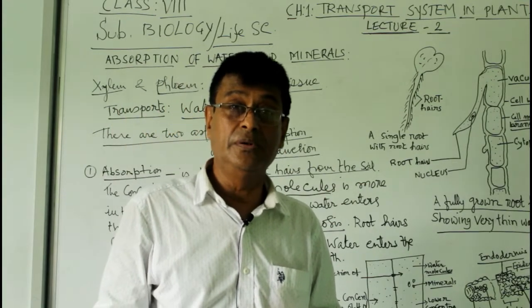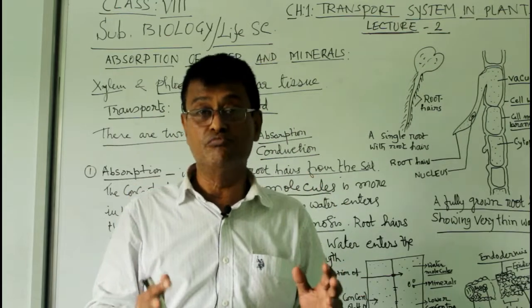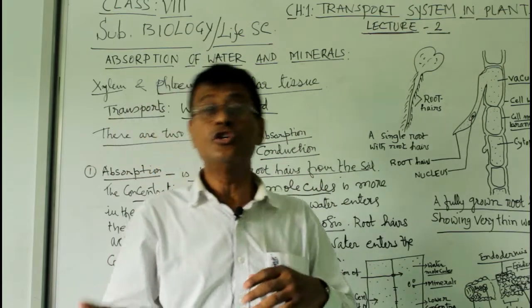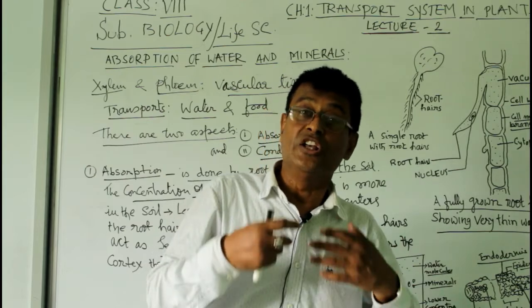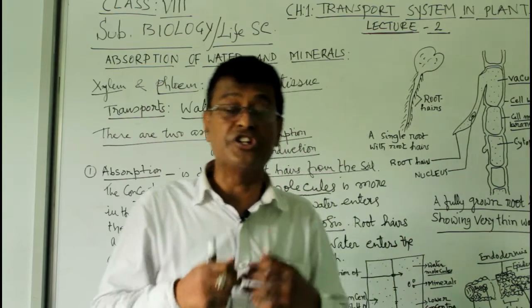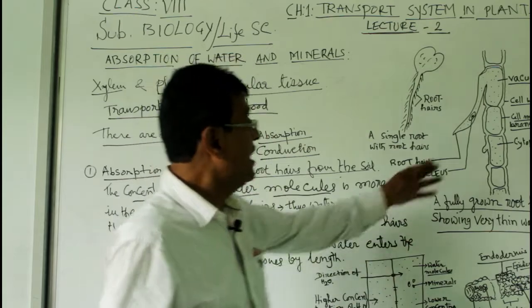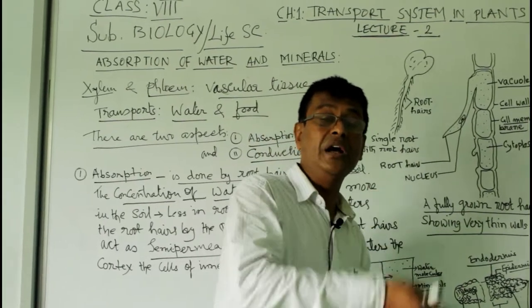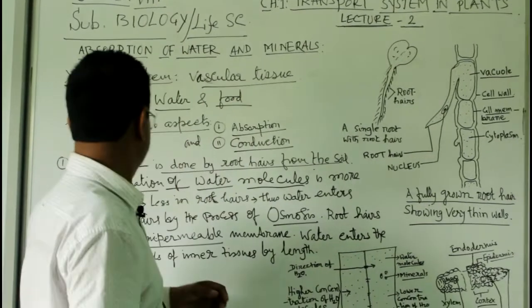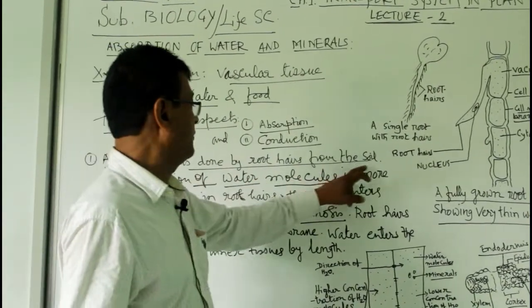This is a process of osmosis, where molecules move from the higher concentration to the lower concentration. So naturally the soil has a higher concentration of water molecules, so the water molecules move through the root hairs into the adjoining cells. So absorption is done by the root hairs from the soil.